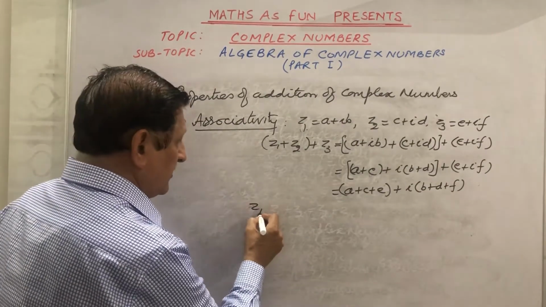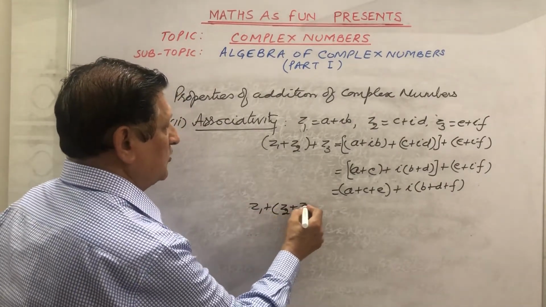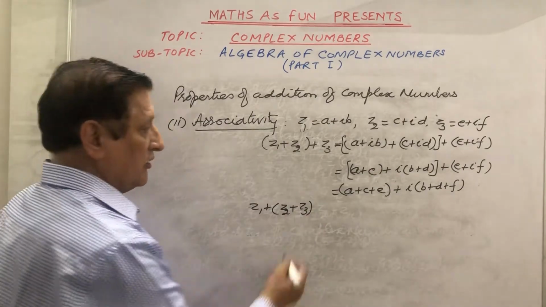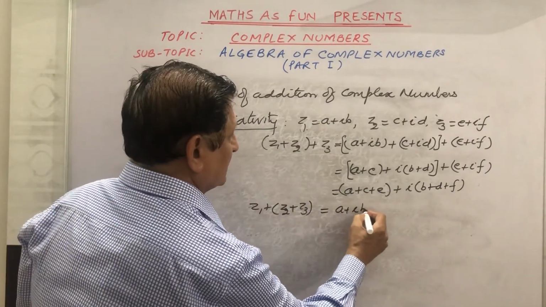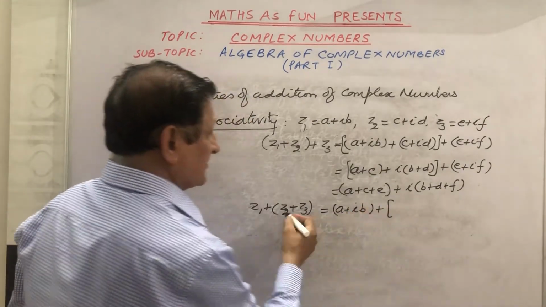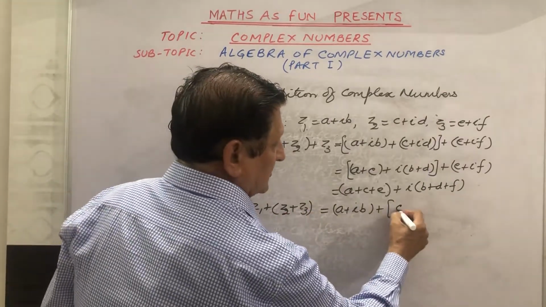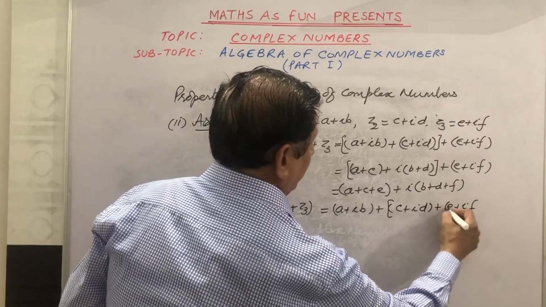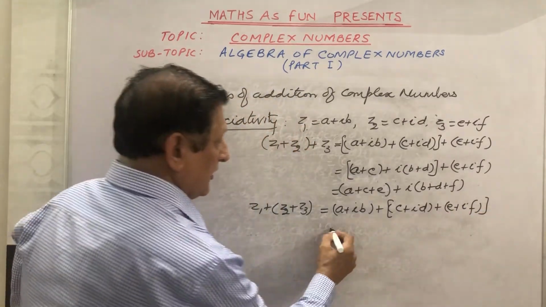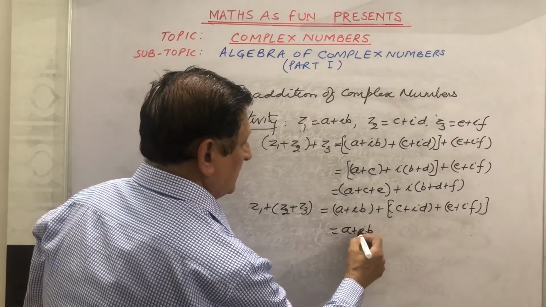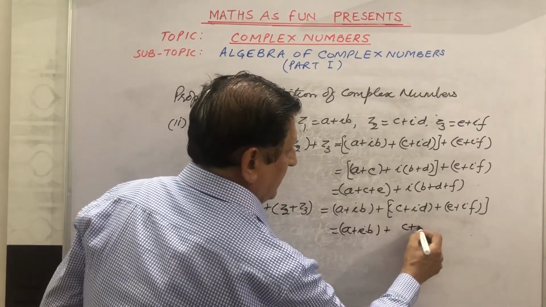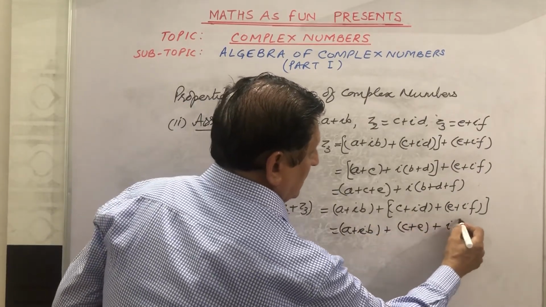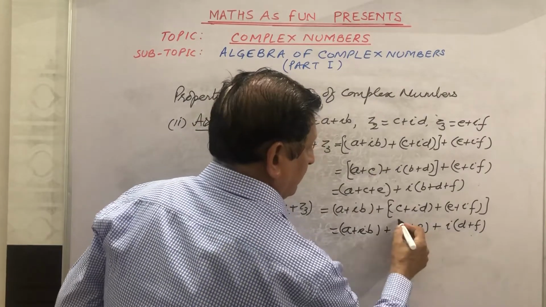Now if we write Z1 plus Z2 plus Z3, then you will find a plus iota b plus the sum of these two first, that is c plus iota d plus e plus iota f. Now we will be adding those two, that forms c plus e plus iota d plus f.